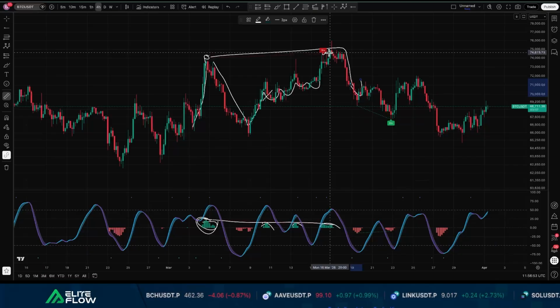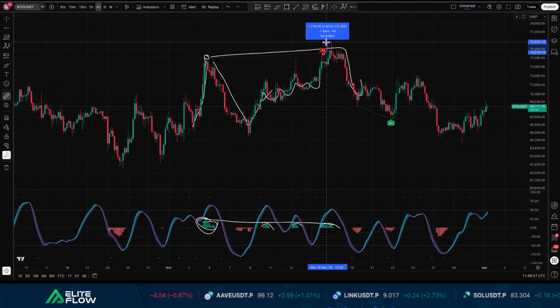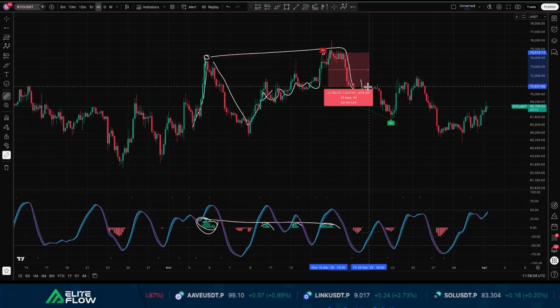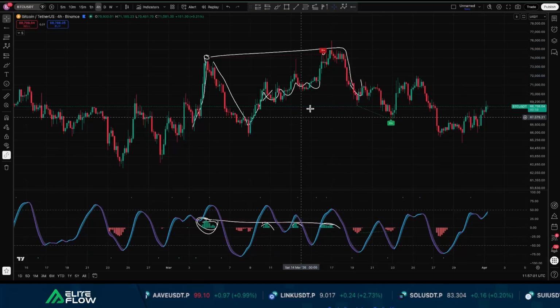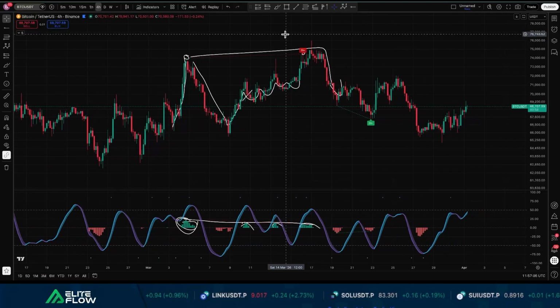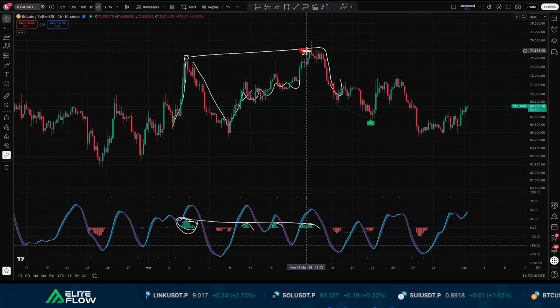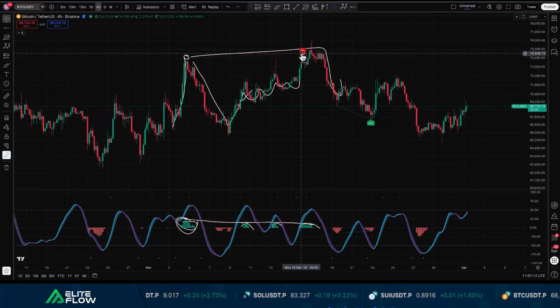The price here went up first, I think 1.8%, or let's say 2%, and then the price dropped. Now once again, this is why you do cross analysis. You don't just press buy or press sell because there's a little sign saying divergence.